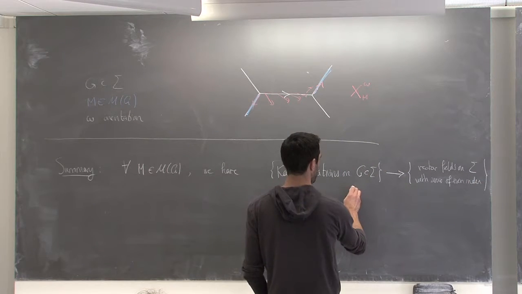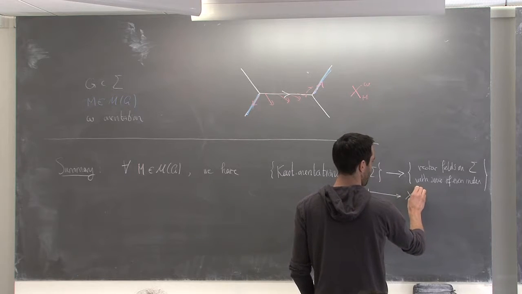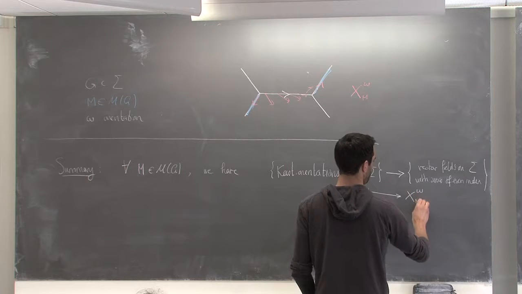And so I had denoted this as above. To omega, I associate x omega m.